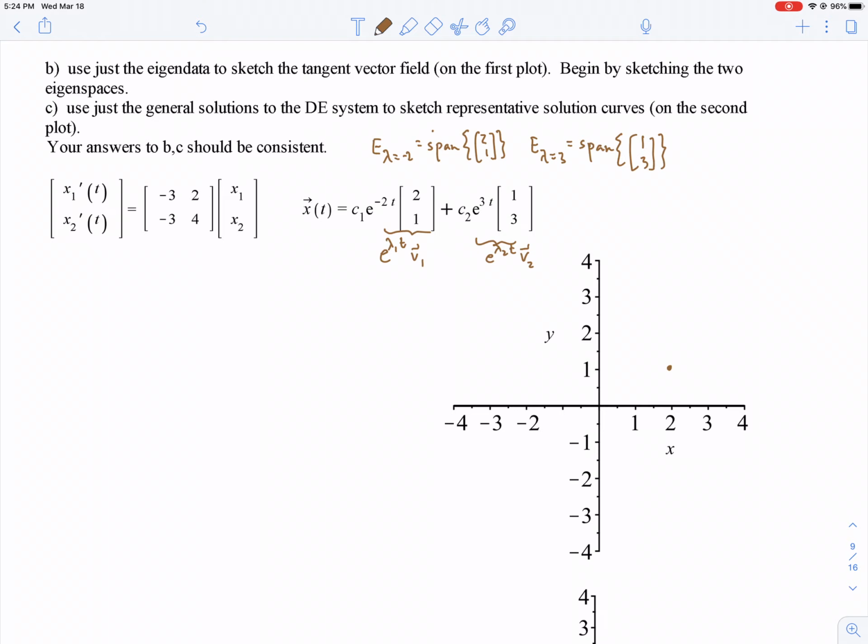And then the eigenspace consists of all scalar multiples of that vector, which is a line through the origin. So this is the eigenspace for lambda equals -2. And similarly, the eigenspace for lambda equals 3 is the line through the origin containing (1, 3).